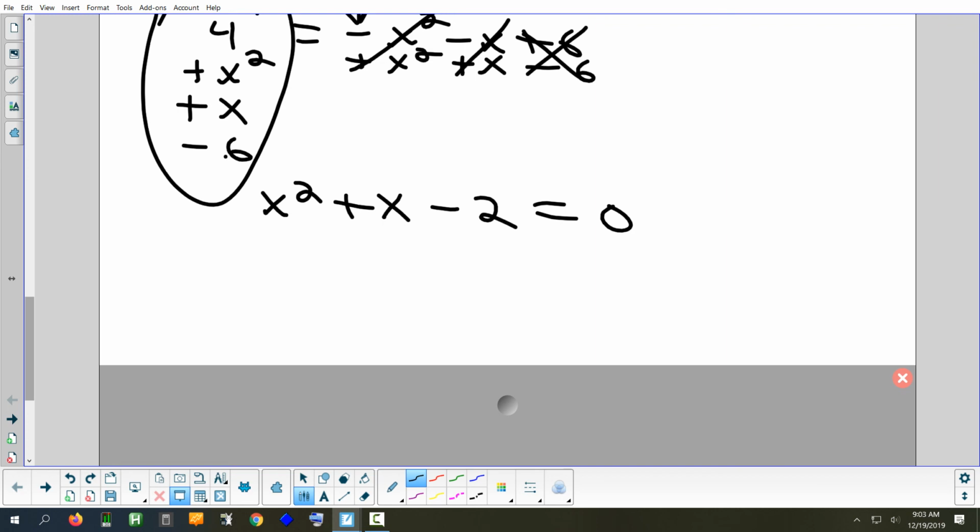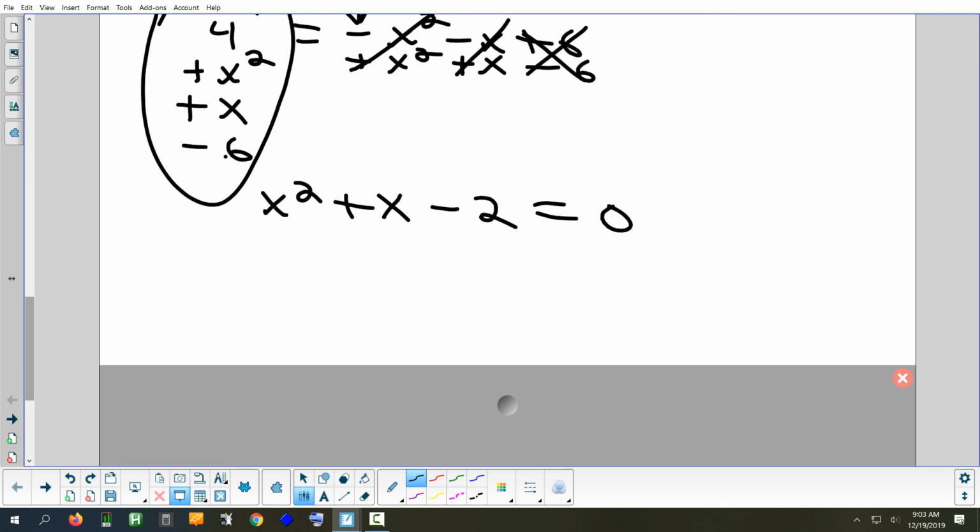And I mentioned this earlier. You have 2 options for solving a quadratic. What's one of them? We practiced it right before. Yeah. We got it equal to 0. So we got that. So now it's the step after we get it equal to 0.